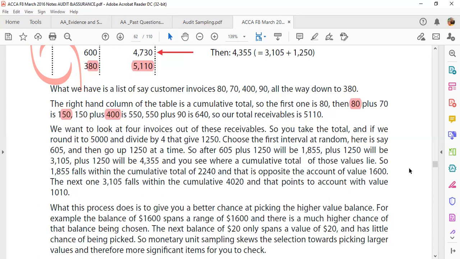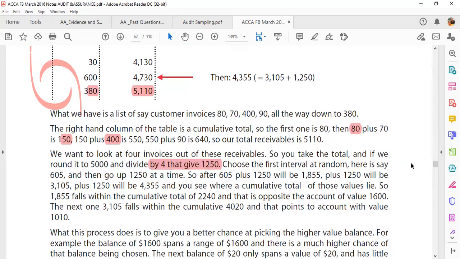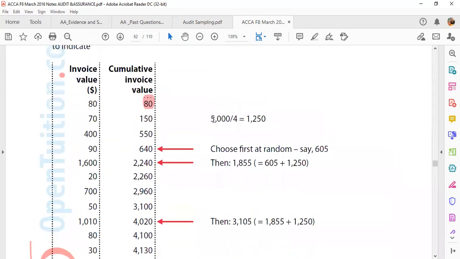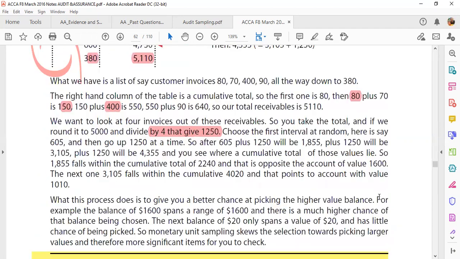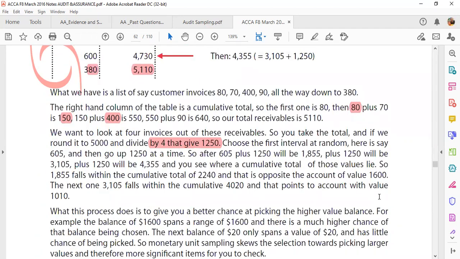That means you have 1,125. We can round it up. After that, 605 plus 1,250, it will be 1,885 plus 1,255.